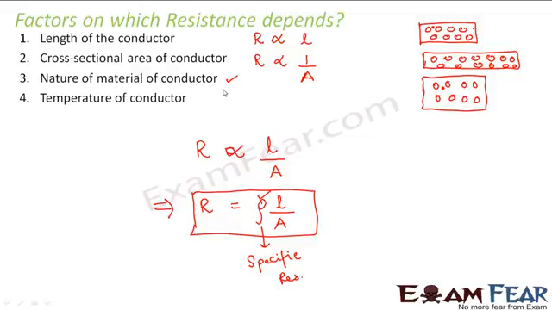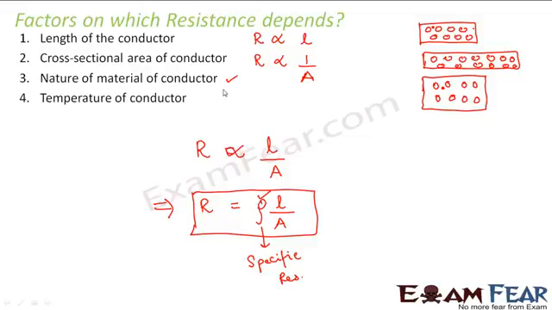Now you might ask how the dependence of resistance on temperature is taken into account in this case. Well, the dependence of resistance on temperature is not exactly taken into account here. However, it has been observed experimentally that in metals, insulators or semiconductors, the resistance changes with change in temperature.